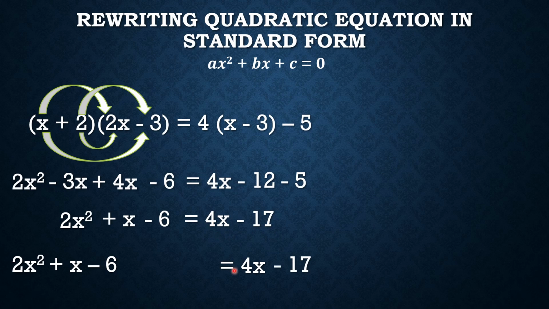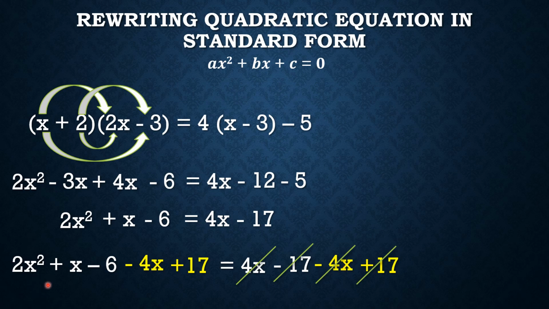And so we have, okay, subtract 4x here, negative 4x, and then add positive 17 dito, and then another positive 17. So here, mapapansin natin, we can cancel now this, and then cancel this. So, mapapansin natin na itong right side natin ay 0 na.